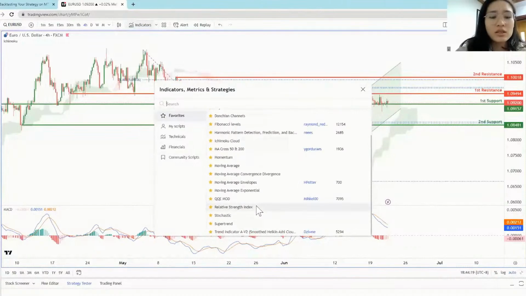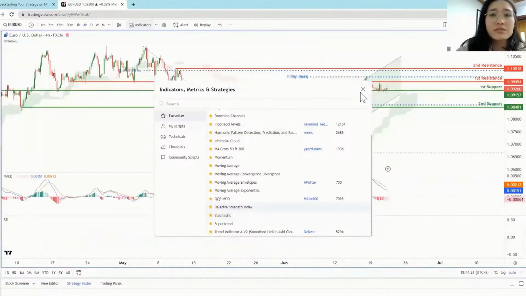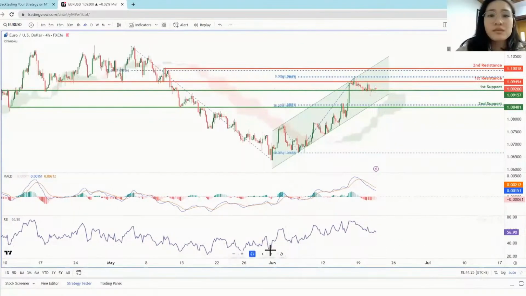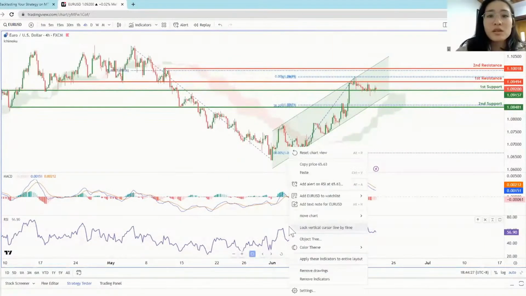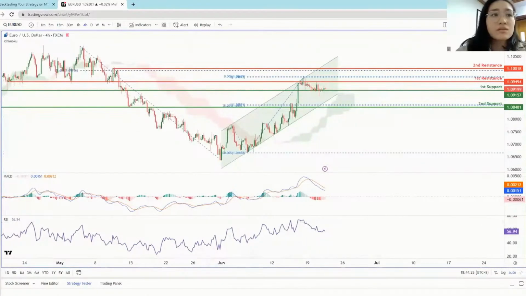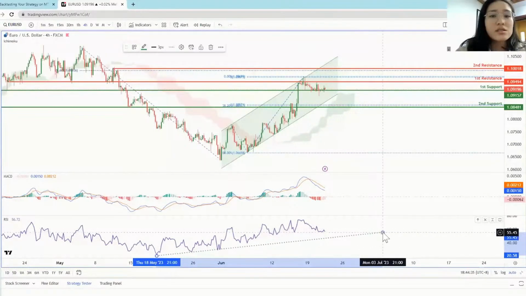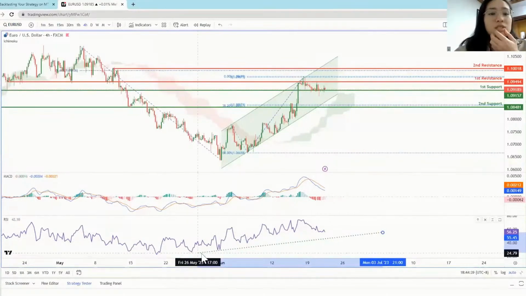So I'm going to pull out RSI. Okay, and RSI is moving in this ascending trend line as well.